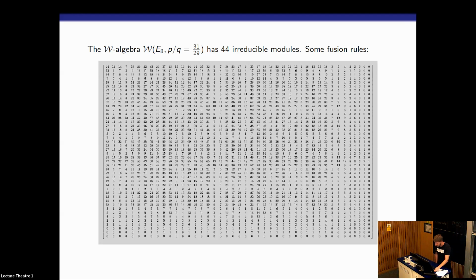This is the result, and you see some really quite crazy fusion rules. I think the largest integer that appears here is 92, which you can see about here. It doesn't have any simple currents, so there's not really any good description of it as a folding or something of the affine thing. So yeah, that's all.